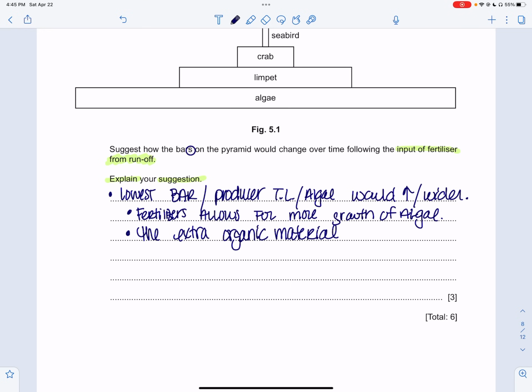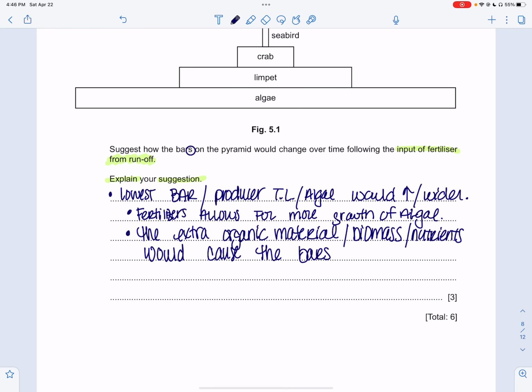You say the extra organic material, or biomass, living stuff, or glucose, nutrients, would cause the bars of higher trophic level organisms, so literally like the other trophic levels, to increase or get wider.